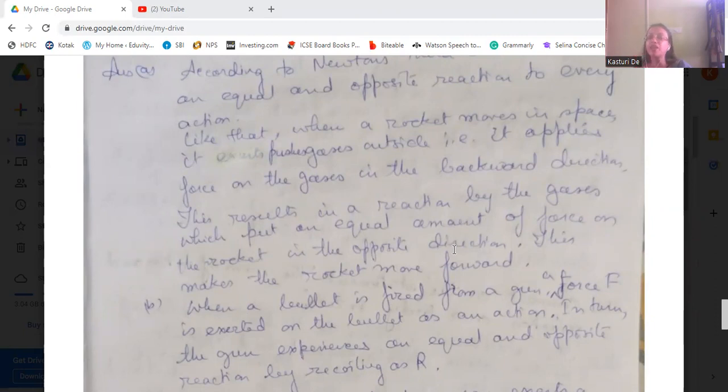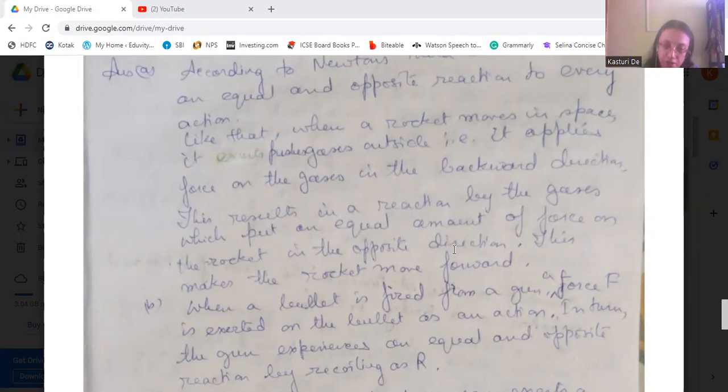It applies force on the gases in the backward direction, pushing the gas outside from the rocket. That is the action, opposite to the movement of the rocket. But when these gases come out, that will force the rocket to move upward, in the opposite direction, forward. That is the reaction. Okay?